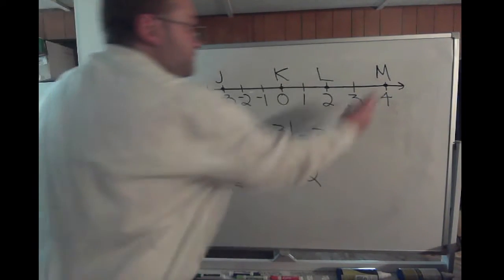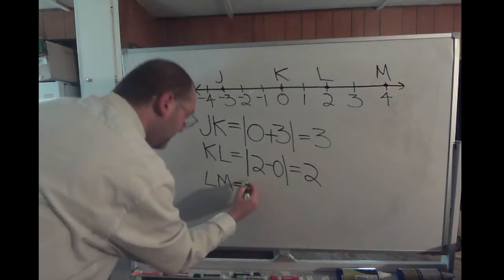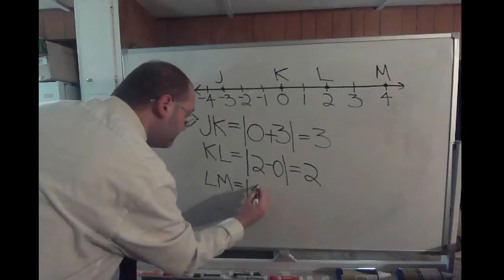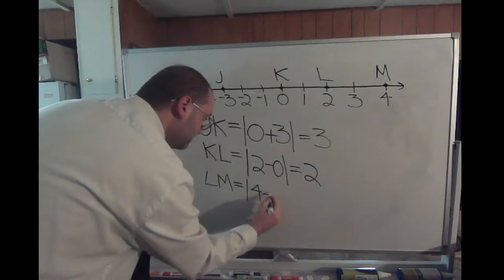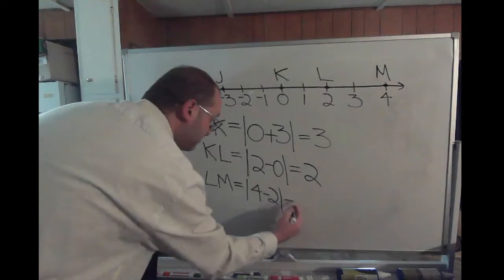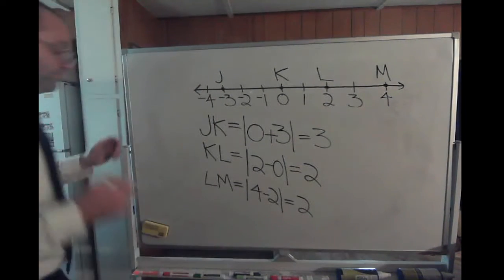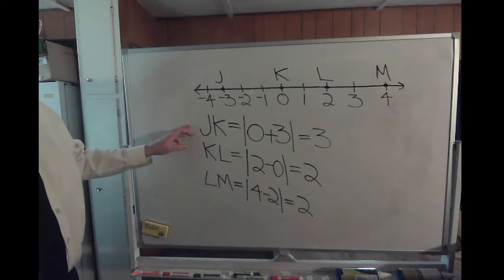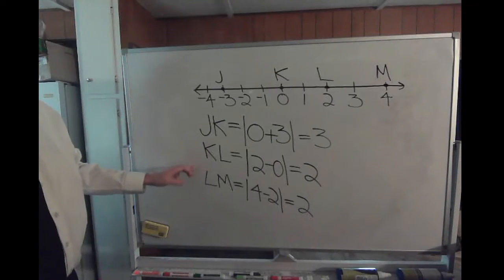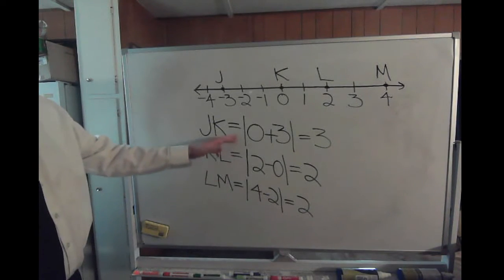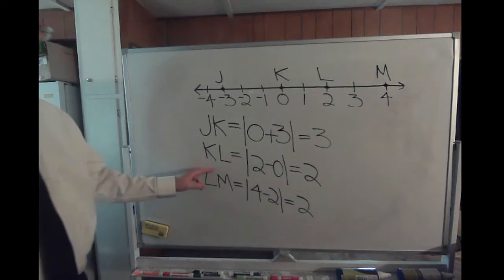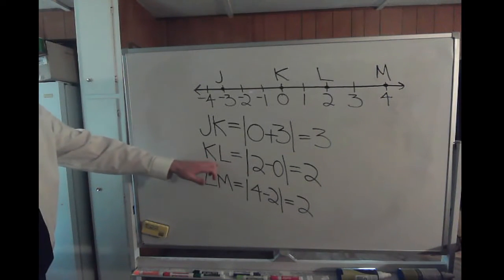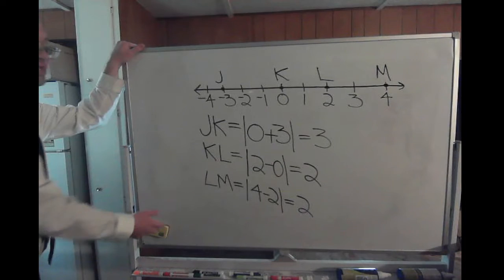I would take the absolute value of the second coordinate of 4, minus the first one of L, which would be 2. Well, the absolute value of 4 minus 2 is also 2. So all these here represent various lengths of the segments. That's the distance between the 2 points. That's what the length of the segment is equal to.